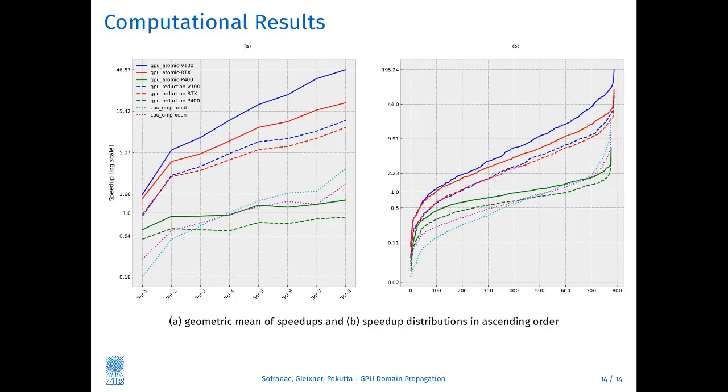The top-performing Tesla V100 atomic run starts at 1.6 times the speedup over the base case for the smallest test set 1 and achieves a mean 46 times speedup over the base case for the largest set 8. At the same time, we can see that the low-end GPU, colored green, does not offer enough resources to exploit the parallelism. It performs similarly to the base case with the atomic kernel and underperforms with the reduction kernel.